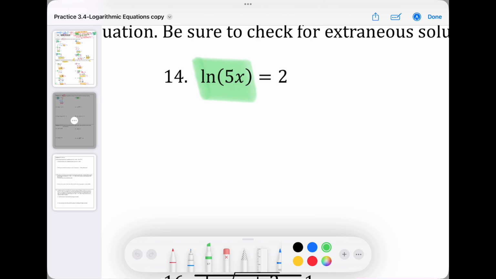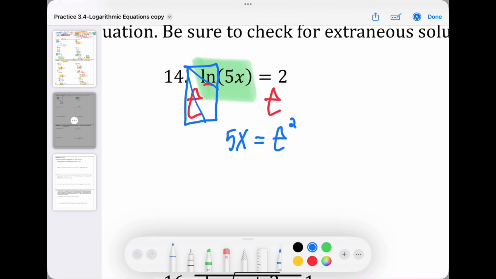Number 14, all about the base. Now you may say, I see my trouble, it's isolated by itself. Very good. Now, all about the base. Natural log, what will be my base? The base is e. So given the log function, I'm going to raise both sides with base e. Why do I want to do it? Because the base is the same, they cancel out. So what do I have left?